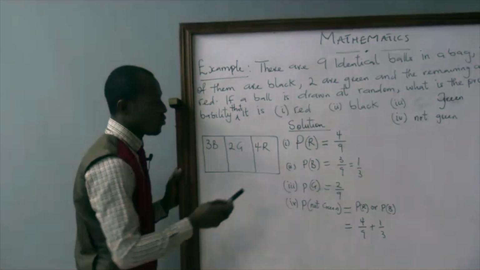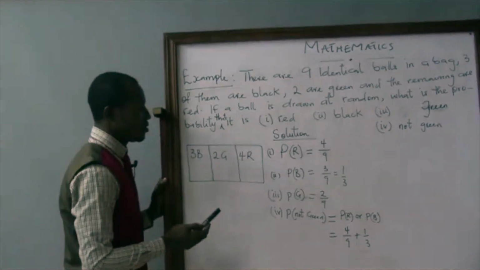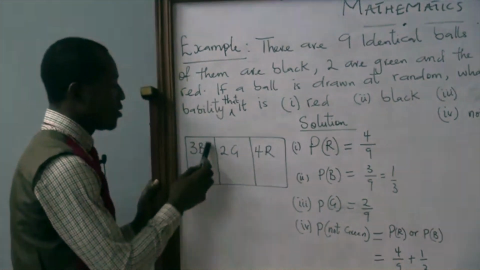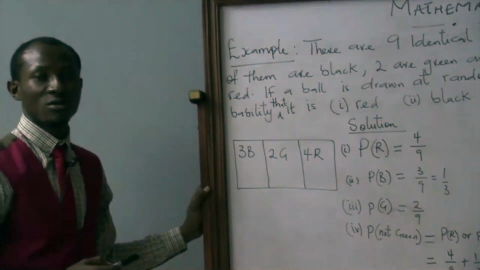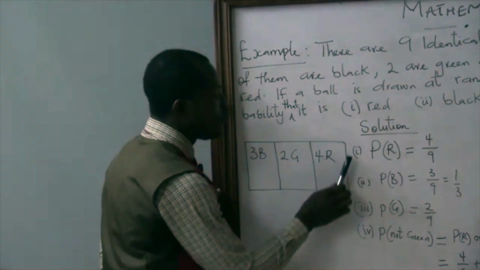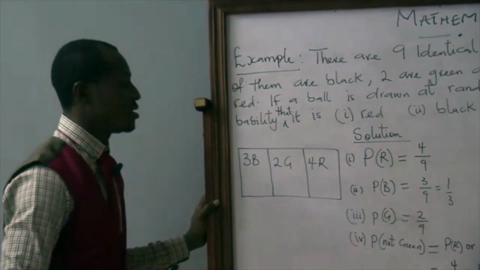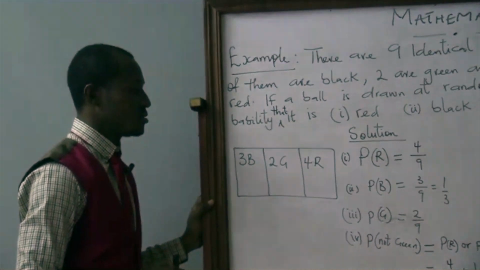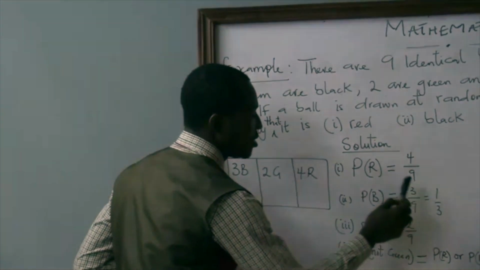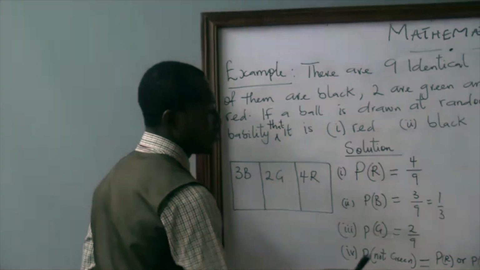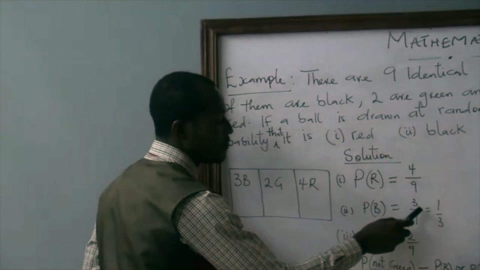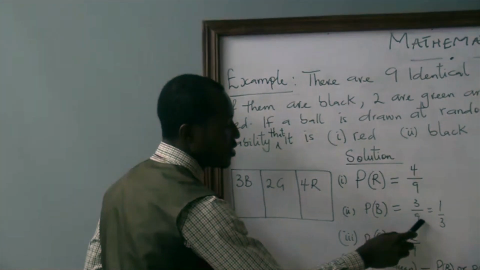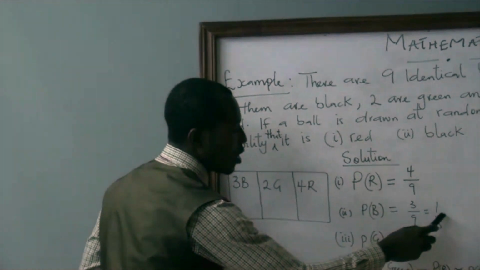Number 2, the probability of picking a black ball. We have 3 black balls divided by the total number of balls in the bag, so 3 divided by 9. By extension, 3 can divide 9: 3 in 3 is 1 and 3 in 9 is 3. So that's how I got 1 divided by 3.